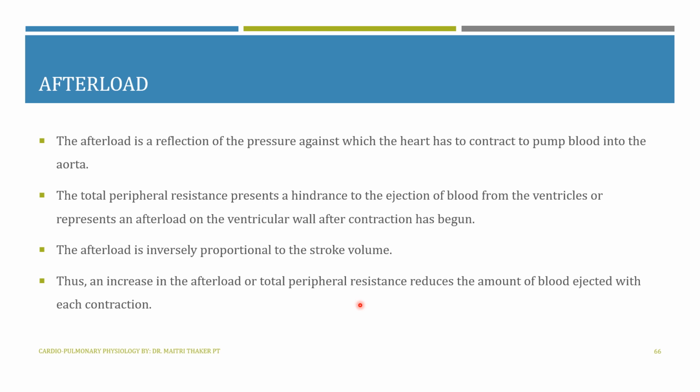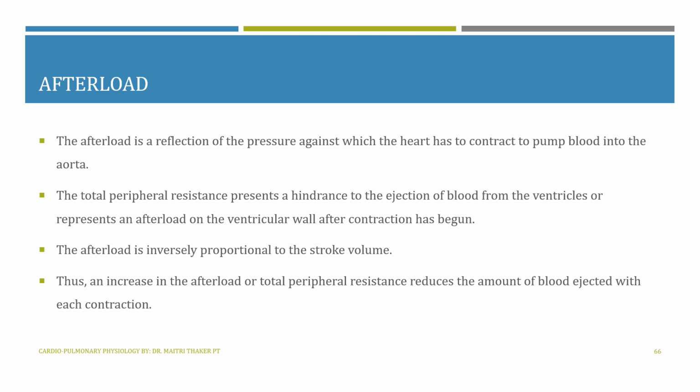How much pressure or resistance our vasculature is giving to the heart, that is afterload. The total peripheral resistance presents a hindrance to the ejection of blood from the ventricles, or represents an afterload on the ventricle wall after the contraction has begun.